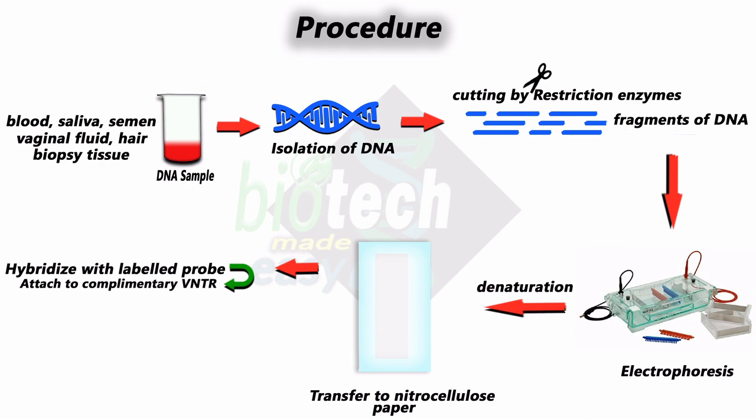Now let's talk about the probe. Probes are prepared in such a way that they recognize conserved flanking sequences of VNTRs. Remember, VNTRs had flanking sequences on both sides which were conserved. Now, both single locus or multi-locus probes can be used, but multi-locus probes provide more specific fingerprints for analysis.